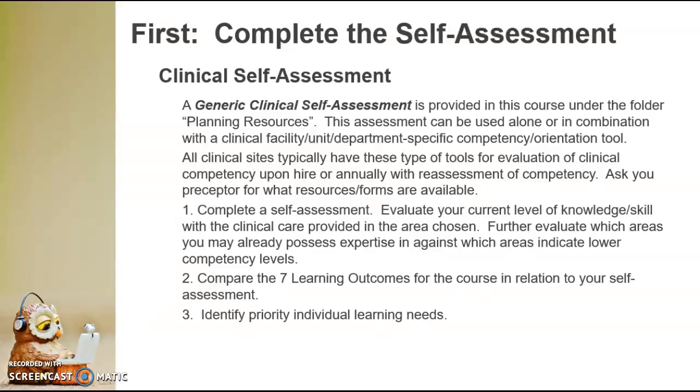Typically, most places will use what's called a self-assessment, where you go through and rank yourself: I know how to do this, I'm a 5 at this, I'm a 0 at this, I'm somewhere in between. Now, if their tool doesn't have that, and it just has a list of competencies, that doesn't prevent you from using a Likert scale to rank yourself.